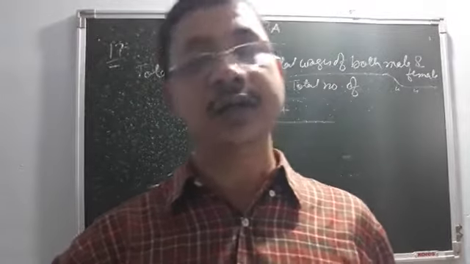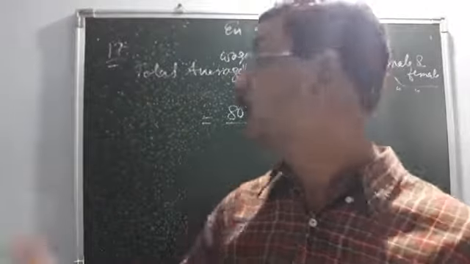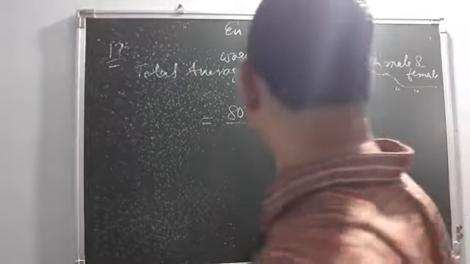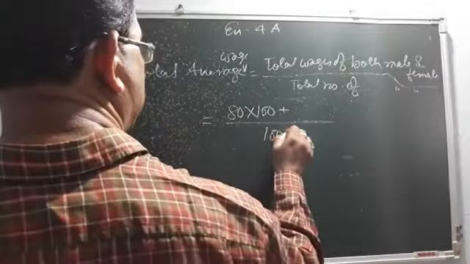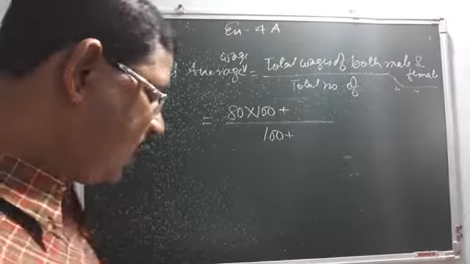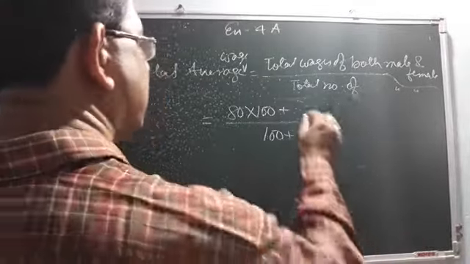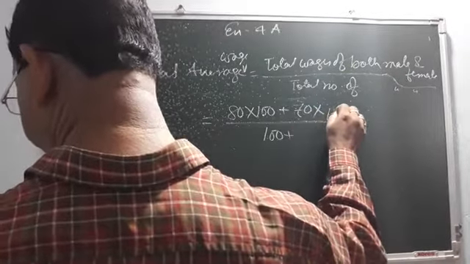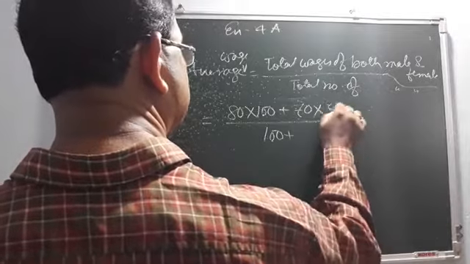The average is given as 80, the number is given as 100, so their product is the total wages given to male workers. For female workers, the wage is 70 and the number is 50, so again we multiply the average with the number.